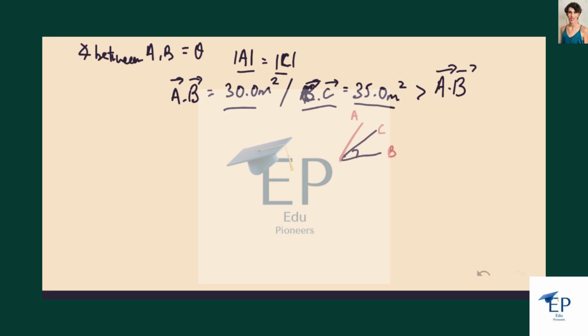So having B dot C greater than A dot B, with the fact that A and C have the same magnitude, tells us that the angle between C and B must be smaller than that between A and B, right? And we're gonna call this just theta minus 25 degrees, here, because we are given that C has a direction angle greater than A by 25 degrees.